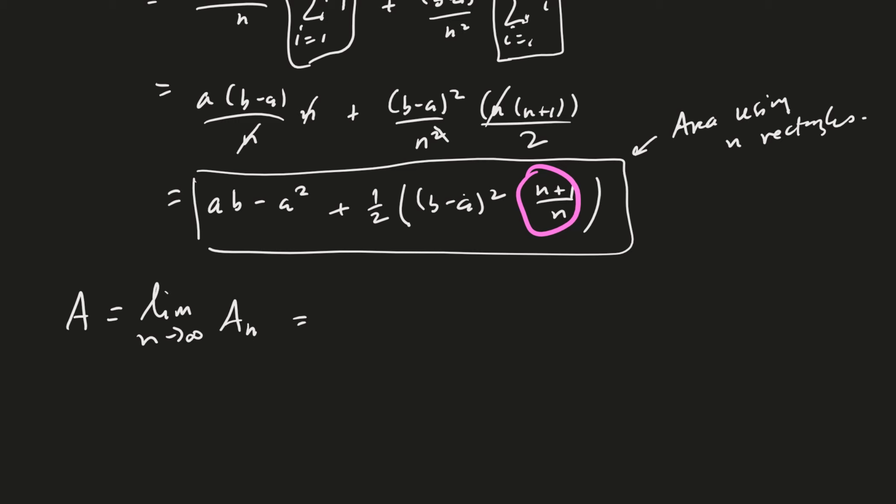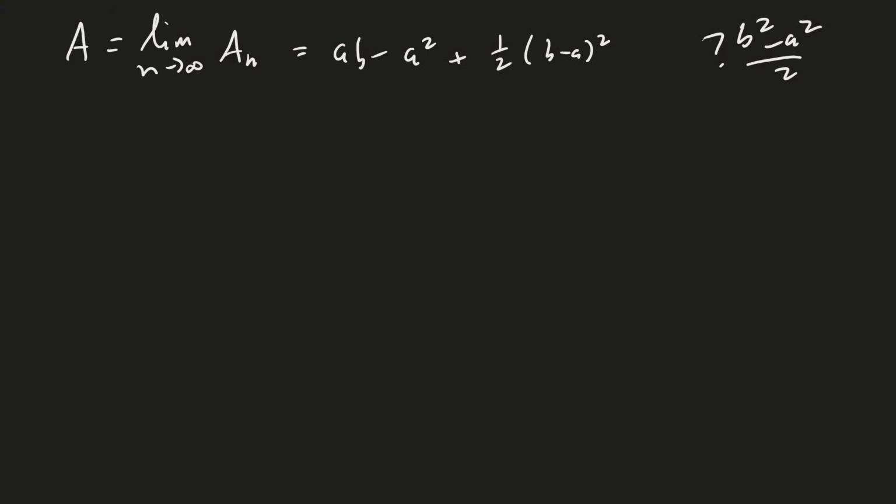So therefore this won't be too hard to write down. ab minus a squared plus 1/2 times b minus a squared. Good. What did I want? I wanted to see if this is b squared minus a squared over 2. So we'll need to do a little bit more work and go ahead and expand that other term there. So ab minus a squared plus 1/2 times b squared minus 2ab plus a squared.